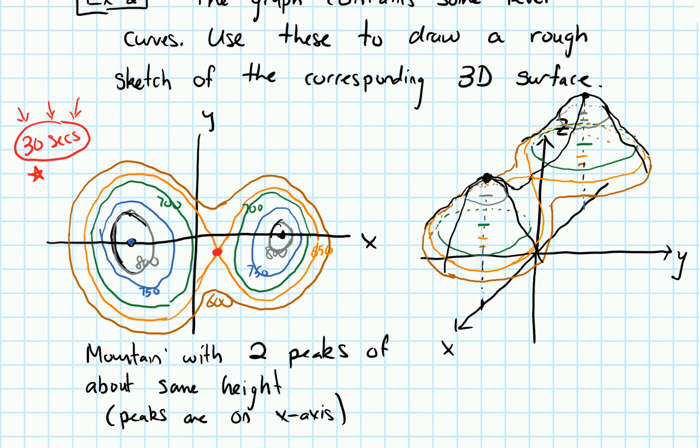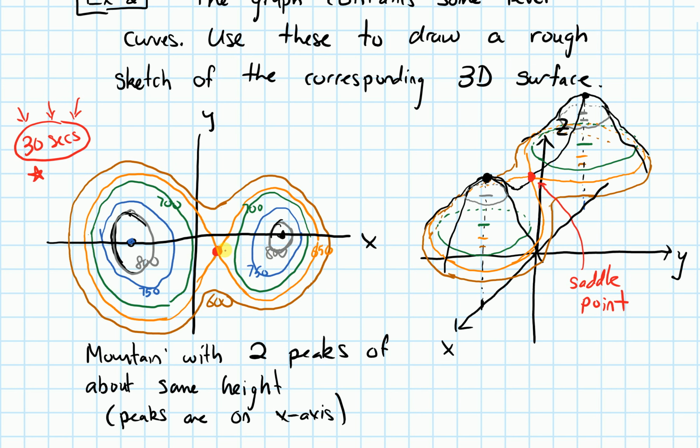So I can see from this picture that this point where the orange level curve crosses over itself is a saddle point. That's the saddle of this mountain. One of the ways I can tell that's a saddle from the level curve is if I look at that crossing point where the orange crosses itself, if I were to go right in the positive x direction or left in the negative x direction, my height increases.